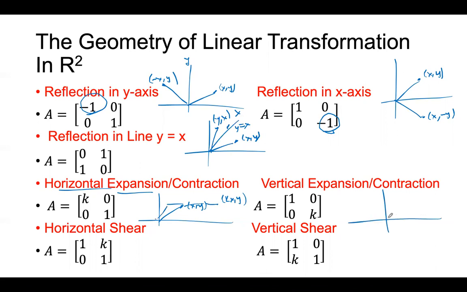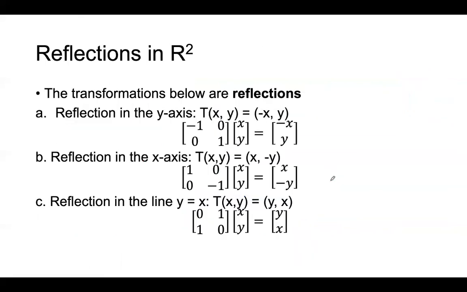I have another slide on that. For a vertical one, say we have a point xy. Vertical would be x held fixed times ky, and of course we could have a contraction as well. Then there are horizontal shears and vertical shears, which I left in the homework for you.